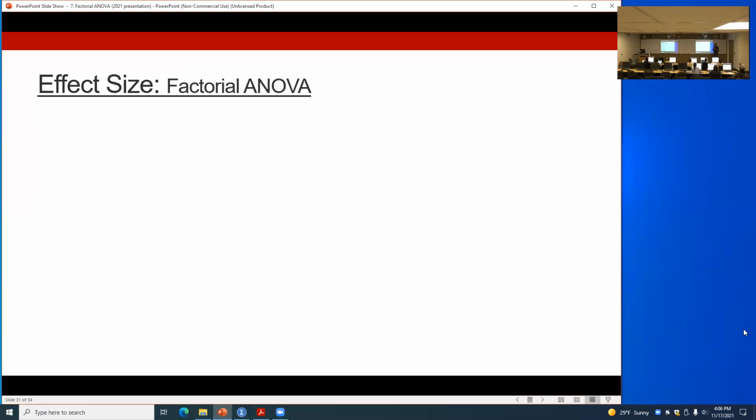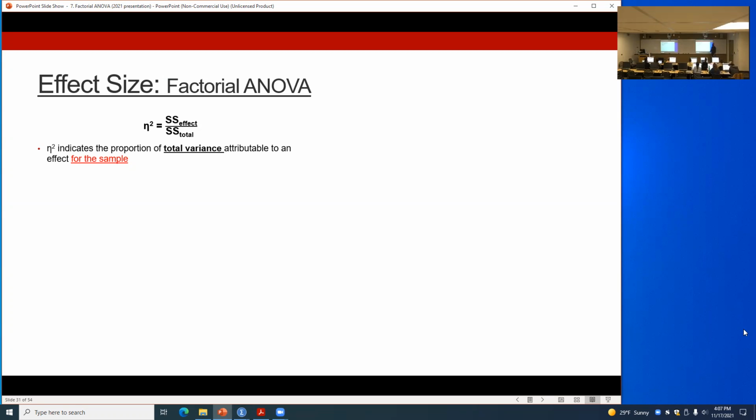So for our effect sizes, we continue on and get into more complicated variations. For my effect sizes, I can still calculate my eta squared. This is easy peasy. It's my sum of squares effect over my sum of squares total, and again, this is the total variance attributable to the effect for this sample.